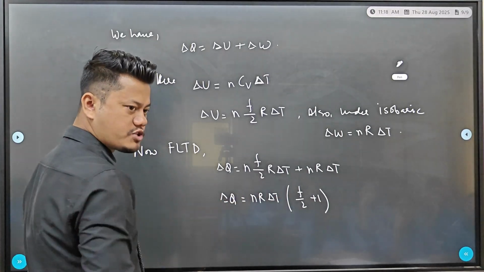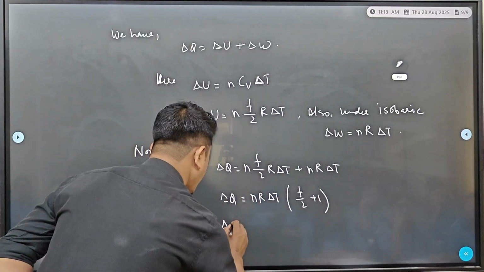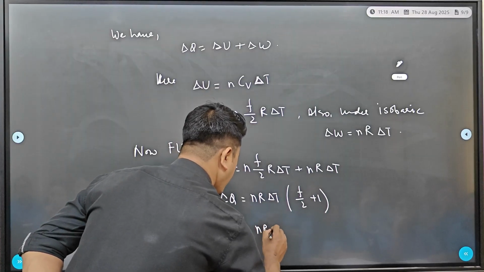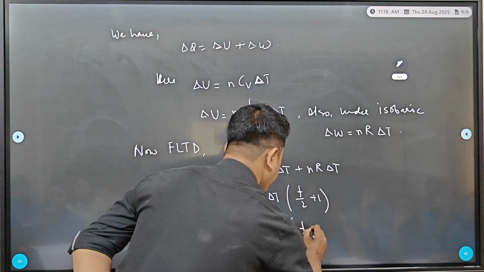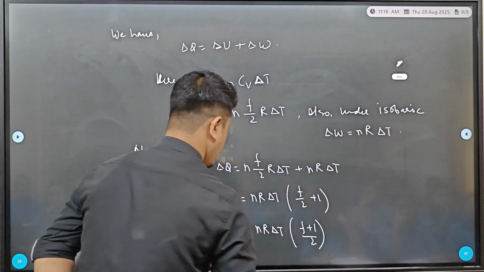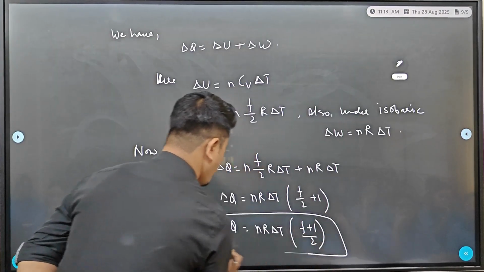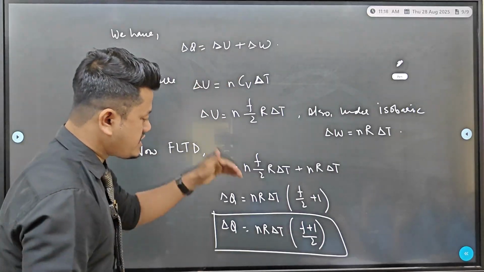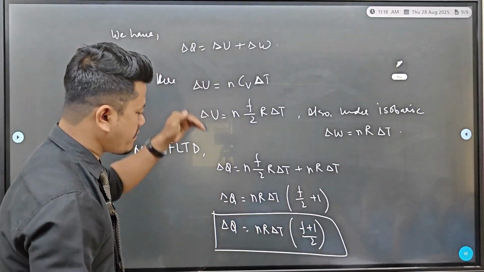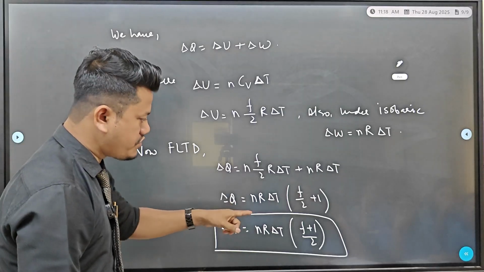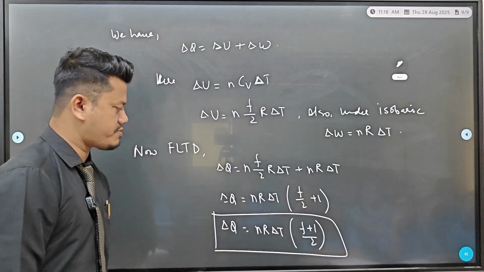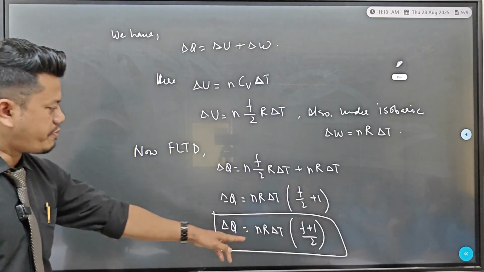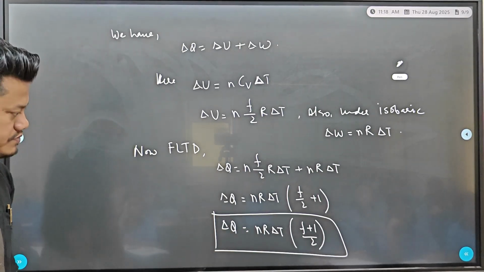So ultimately what I'll be getting, del Q is equal to nR del T, and I can write over here F plus 1 by 2. Got it? This is one of the expressions under the first law of thermodynamics, which reduces under isobaric process. I can manipulate this again, but please note it down till this much. We can manipulate this in terms of gamma also.